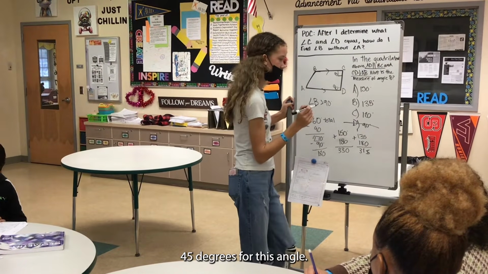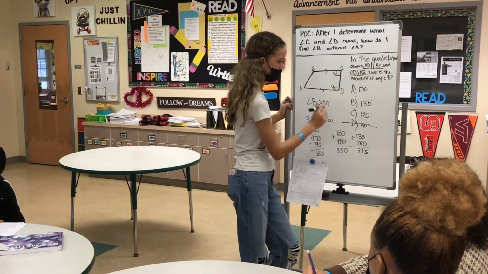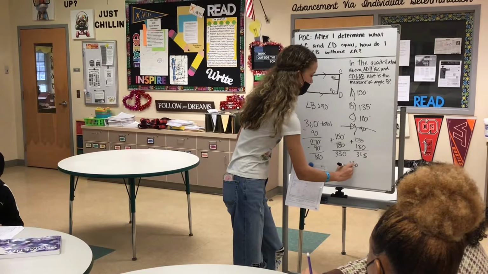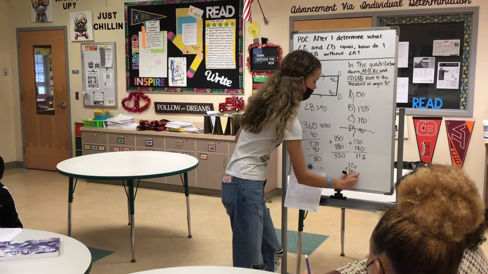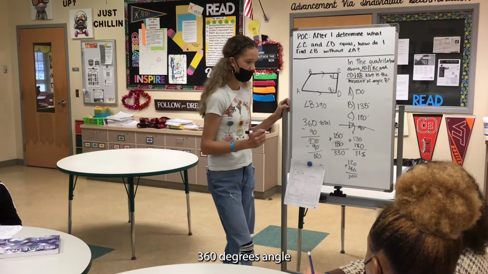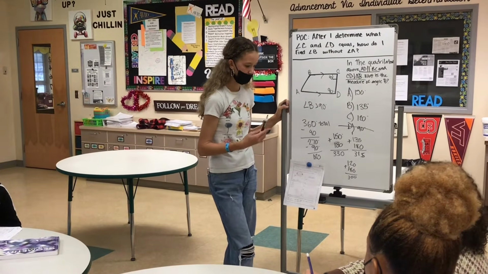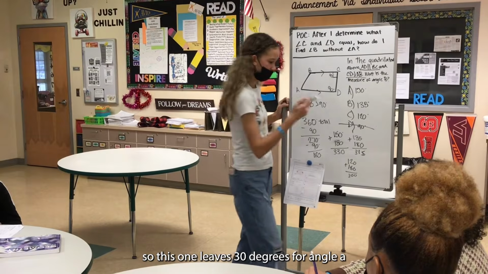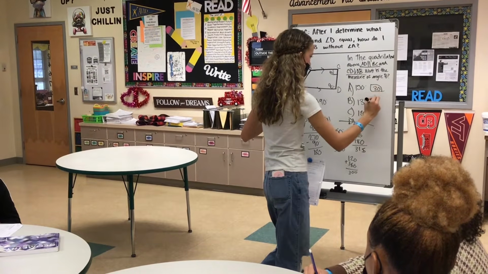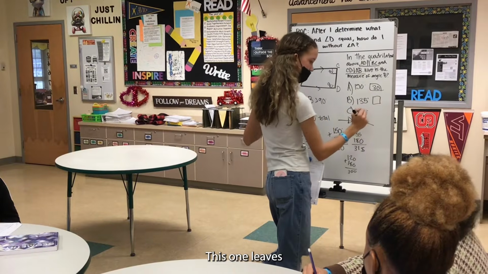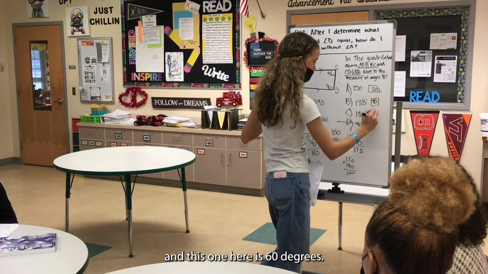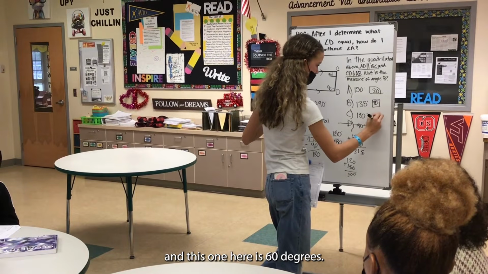Yeah, 45 degrees for this angle A. And then 120 plus 180, 300, leaving 60 degrees for angle A. So this one leaves 30 degrees for angle A, this one leaves 45 degrees for angle A, and this one leaves 60 degrees.